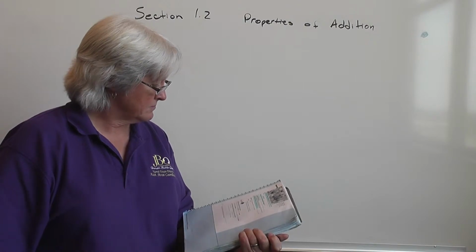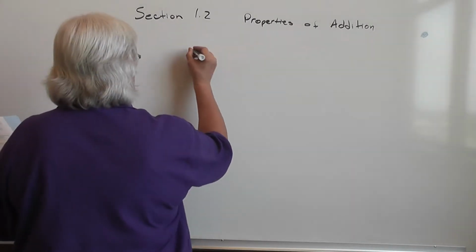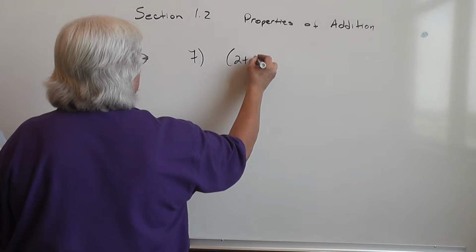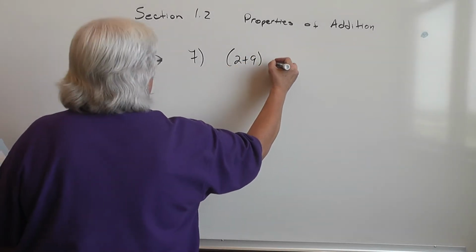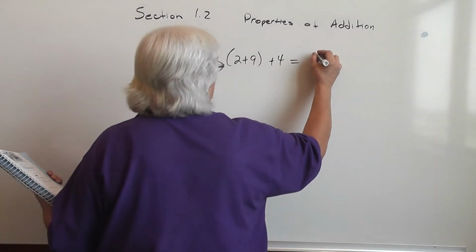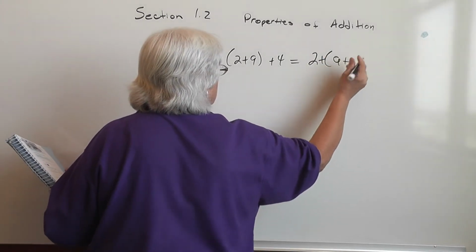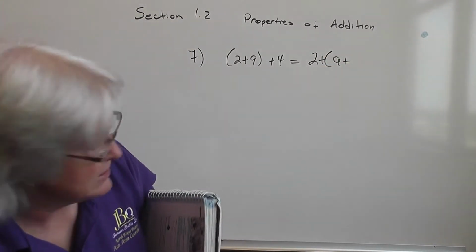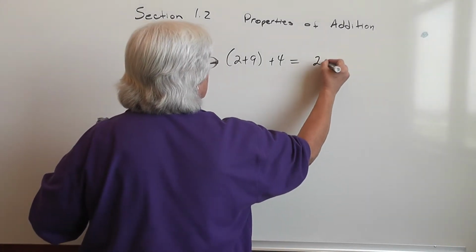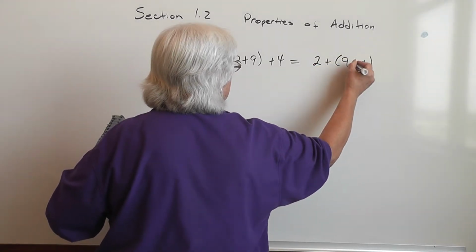For example, if we have number 7, and this is on page 7. We have quantity 2 plus 9 plus 4 is equal to 2 plus the quantity 9 plus c.